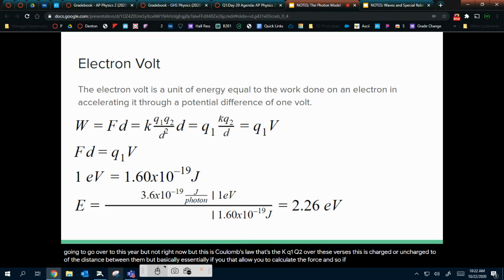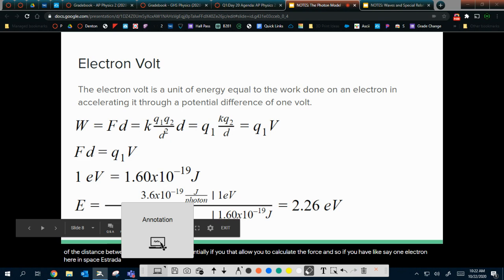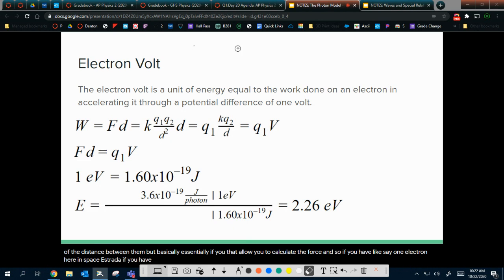And so if you have, say, 1 electron here in space, let me just draw this. So if you have 1 electron here, 1 electron here. Let's say that something is holding this second charge stationary. If you take this one here and you think about bringing it from an infinite distance away and you push it, you apply a force over a certain distance, right?